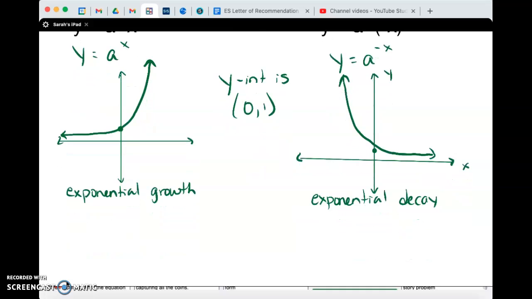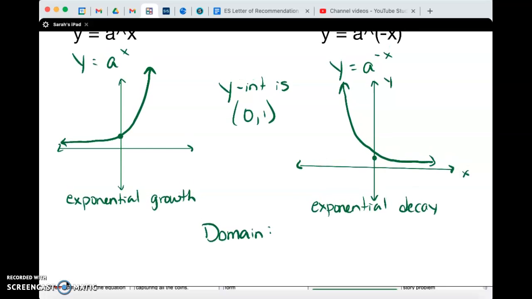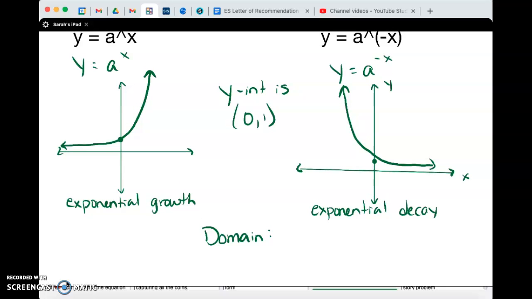What's the domain for both of these? What does domain represent? The x values. The range would be the y values.